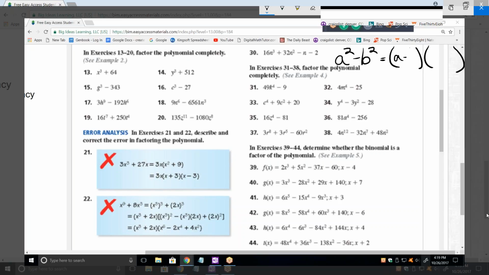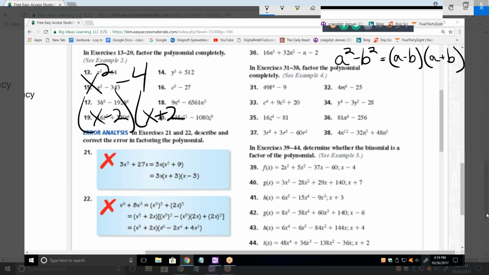A minus b times a plus b. Always, 100% of the time. In other words, if I had x squared minus 4, that factors into x minus 2 times x plus 2. Because that's a perfect square, that's a perfect square, and they're being subtracted, so it's the difference of perfect squares.